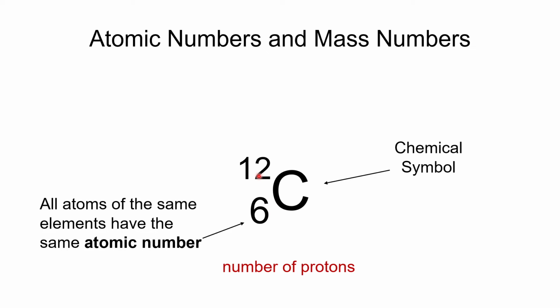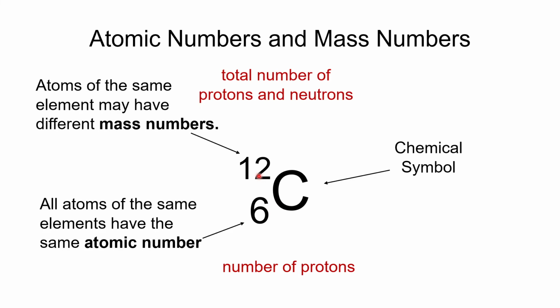The number on the top is called the mass number. It's an approximate mass, not an exact mass, and I'll explain how that works in a bit. The mass number is the total number of protons and neutrons in the nucleus.